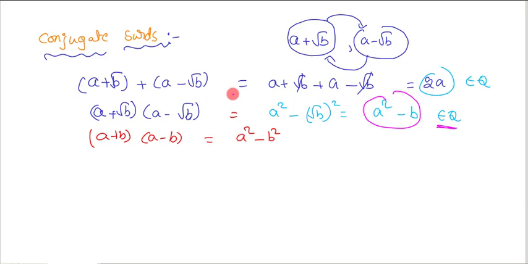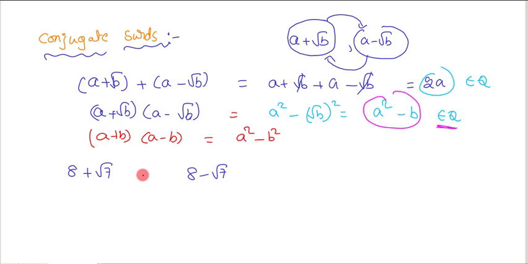Let us take one example. What is the conjugate surd of 8 plus root 7? It is 8 minus root 7.